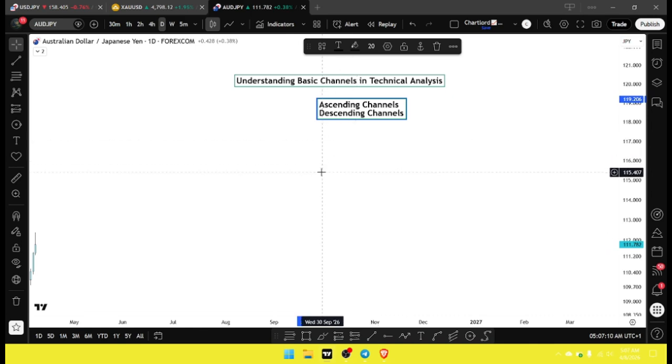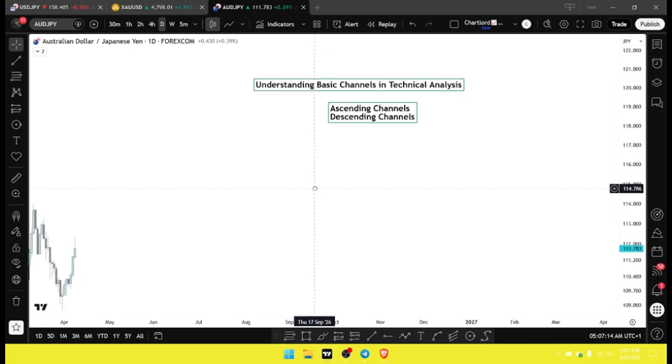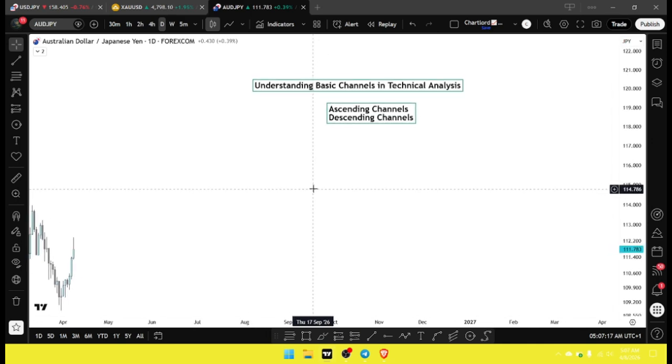These are simple channels that form on the chart to either indicate a potential reversal after a trend has been going towards a particular side. It indicates when a change in trend is about to occur on a chart or on a particular pair.